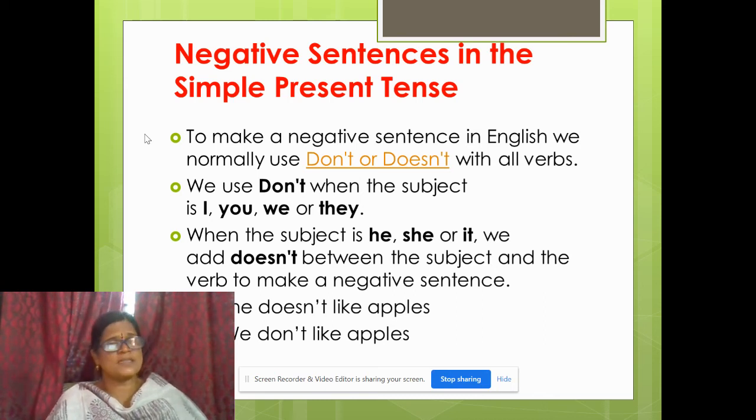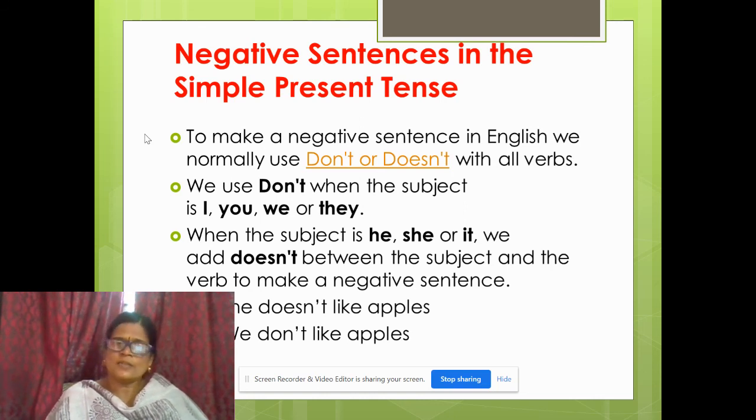If the subject is he, she or it, the verb should be does, and doesn't. What is the difference we have seen? For I, you, we and they we use do, and for he, she and it we use does. If you want to convert these sentences into the negative form, we just place not after that. It may be don't or it may be doesn't.